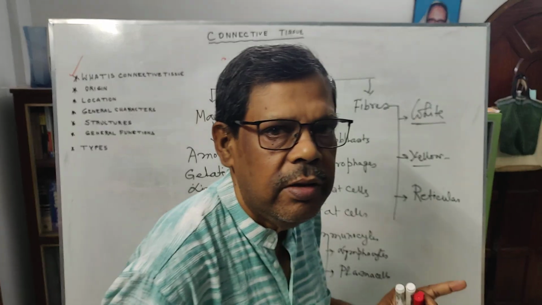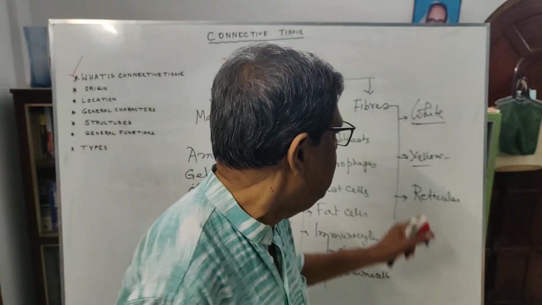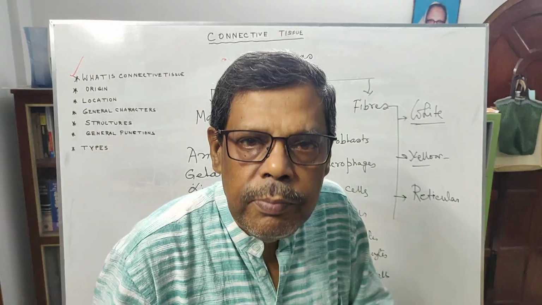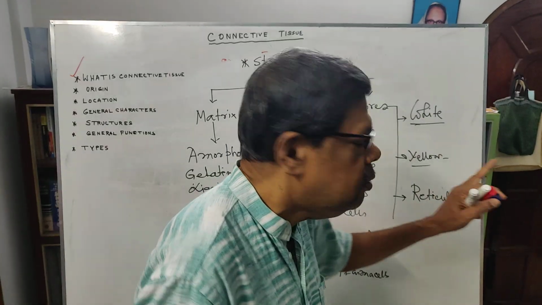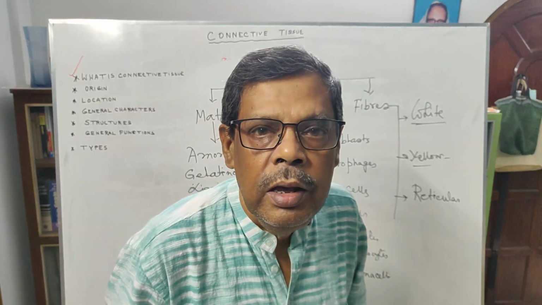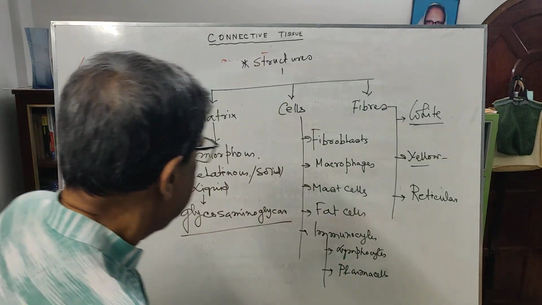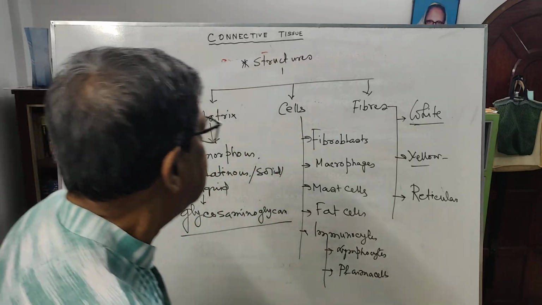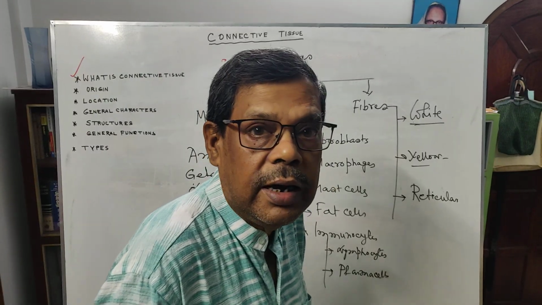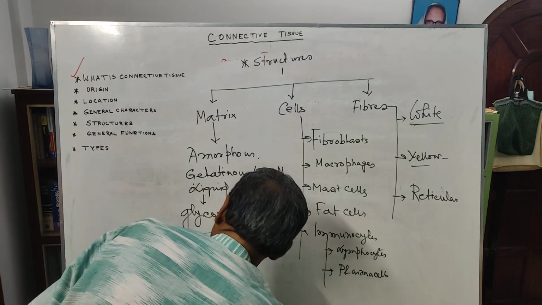White fibers are made of collagen protein, yellow fibers made of elastin protein, reticular fibers made of reticulin protein. This is the general structure of connective tissue.